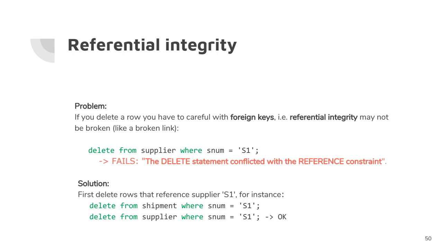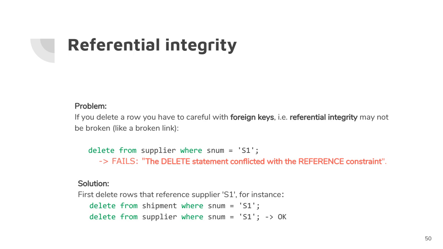So I cannot remove it because the foreign key, or referential integrity, defines that every time you have a foreign key, that value must exist. You can only reference other column values if they exist in the original table.